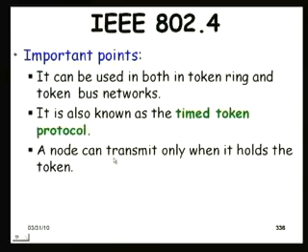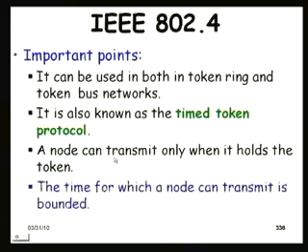Here a node transmits only when it holds a token. And once it gets the token, it starts to transmit, but there is a bound for the time for which it can transmit.